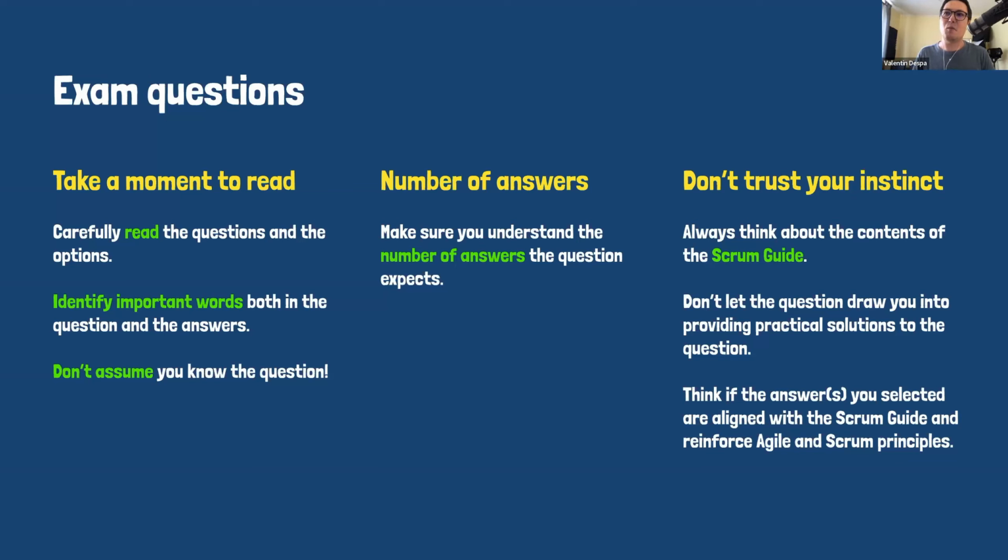It cares more about if you understood some general Scrum principles. So you always need to think if the answer that you're about to select is just an answer that makes sense from a logical perspective, or is it actually an answer that somehow is related to things you saw in the Scrum Guide, something that aligns with the Scrum Guide. So that's another super important aspect.